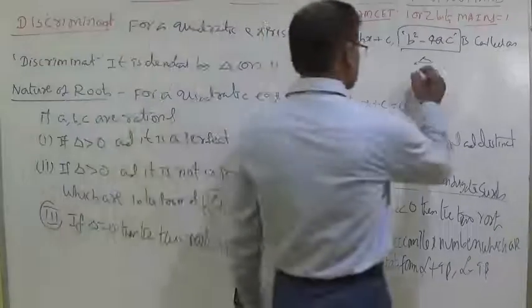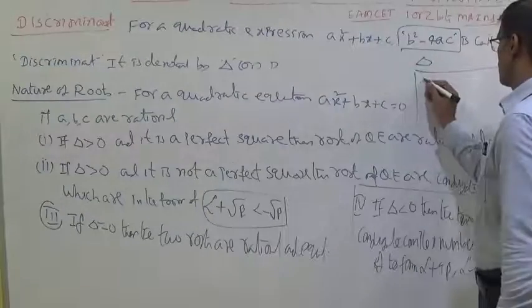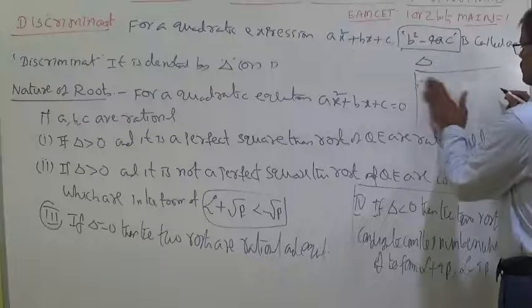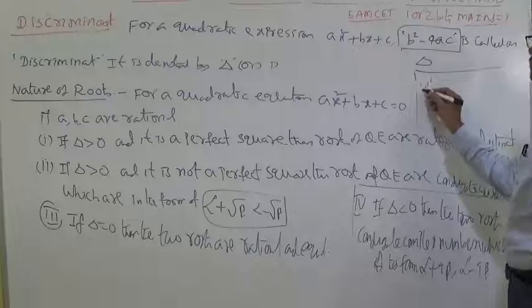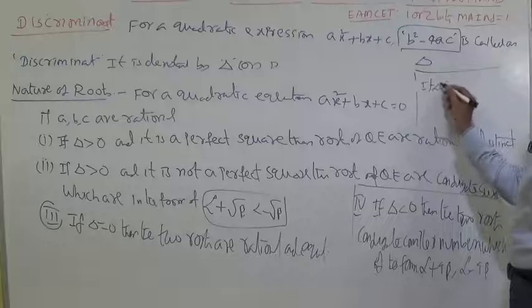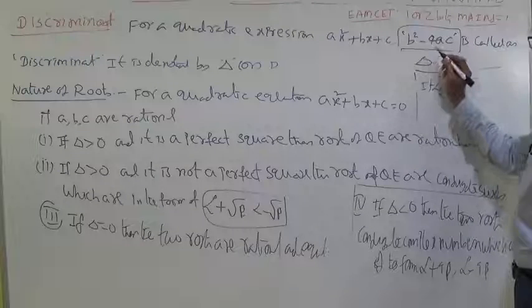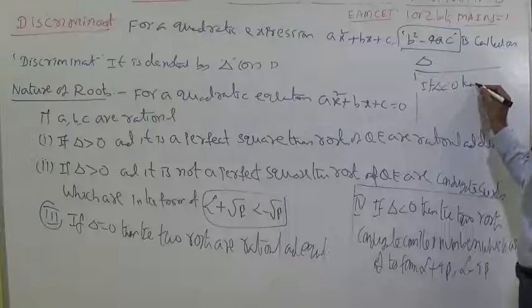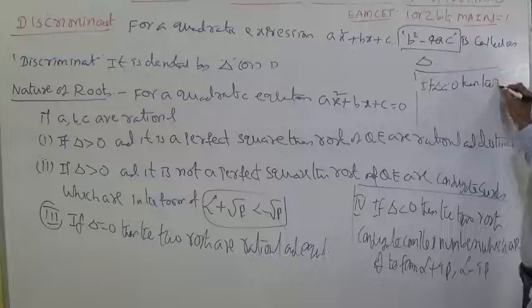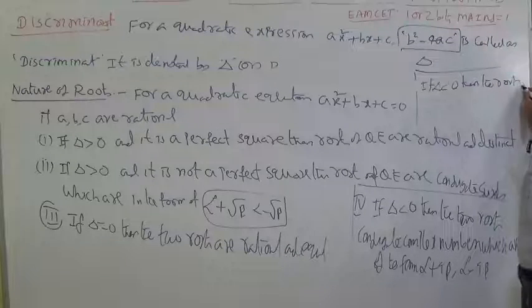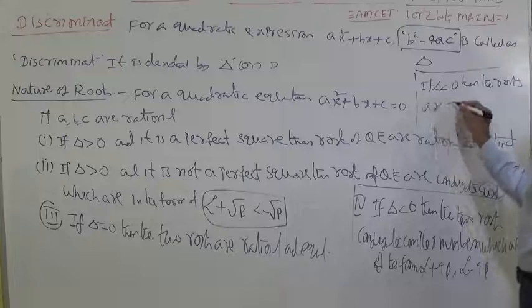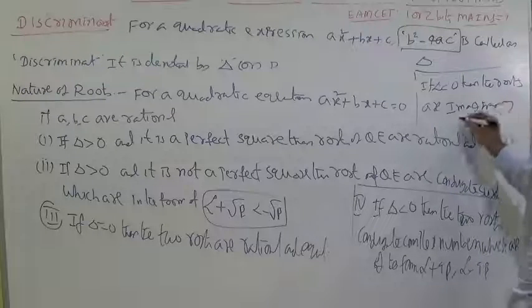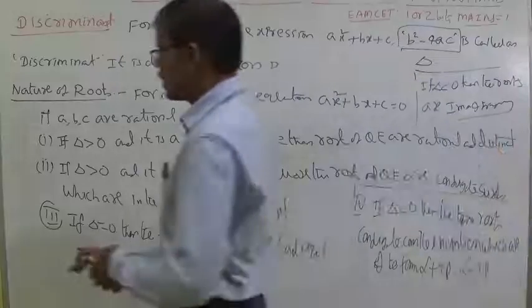Or, you can write that whenever delta is less than 0, the roots are imaginary. This is the simple term: imaginary, so not real.